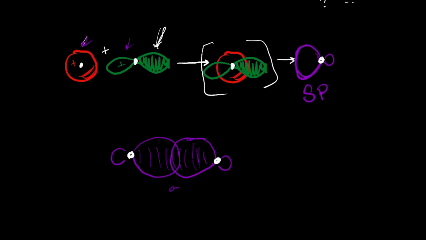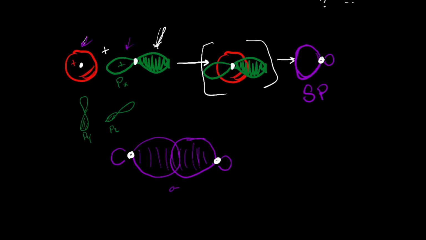Now, this is combining the s and px orbital. I didn't combine the py or the pz orbital, even though they still exist. They're still part of these carbons.